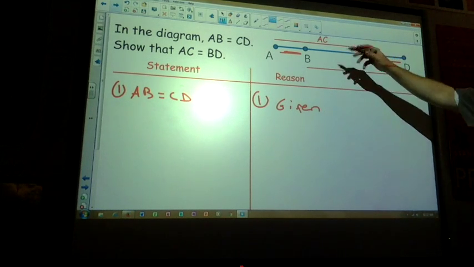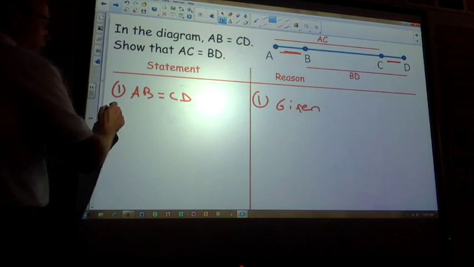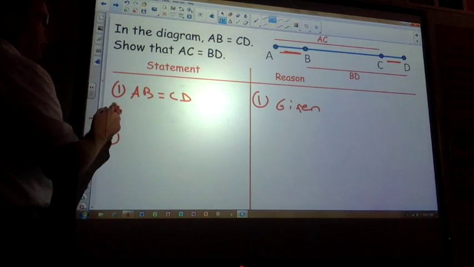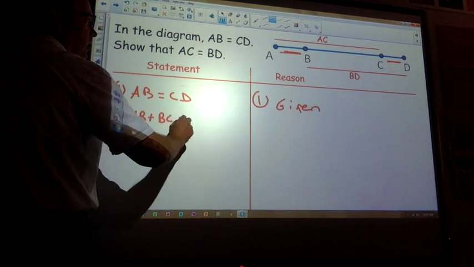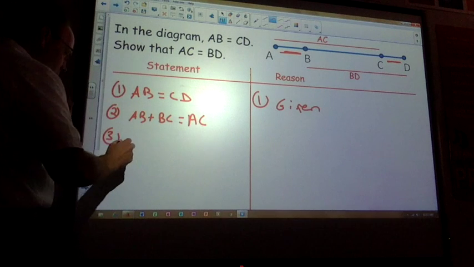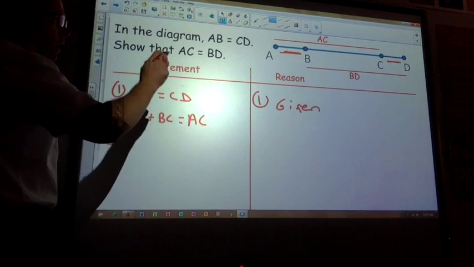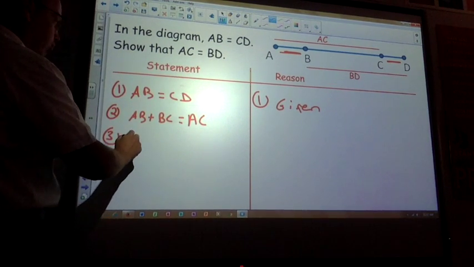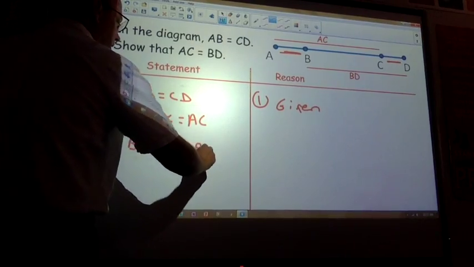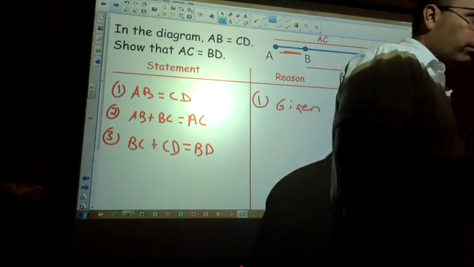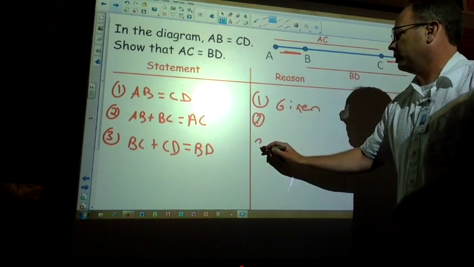Now we want to show that AC. So what I'm going to do to AB is this. Steps 2 and 3 are the exact same thing. I'm going to go AB plus BC is equal to AC. And then BC plus CD is equal to BD. Why? Segment addition postulate.